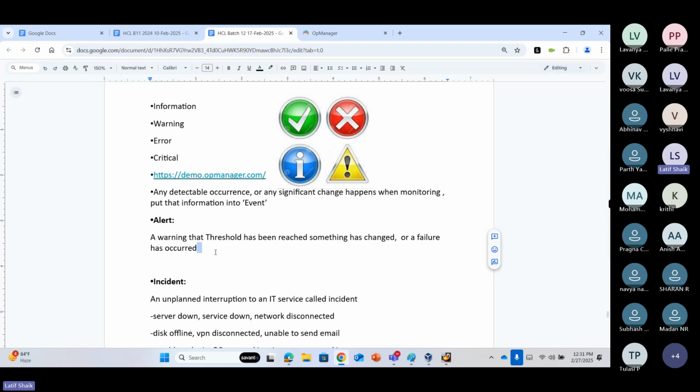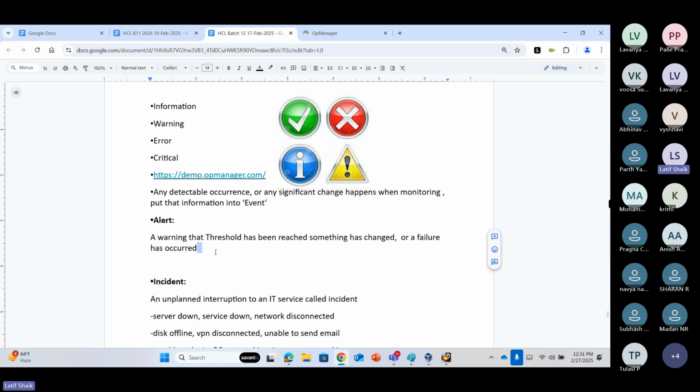Every time we can't say we can look into the monitoring 100%, right? So some changes occur. For example, till now my server is good, at 30% load only. Suddenly it becomes 80% load. Threshold reached.